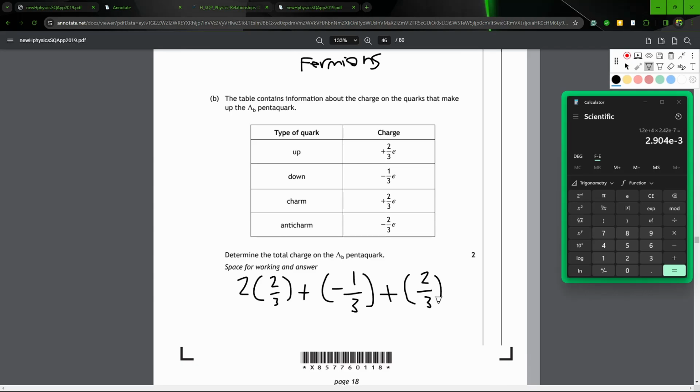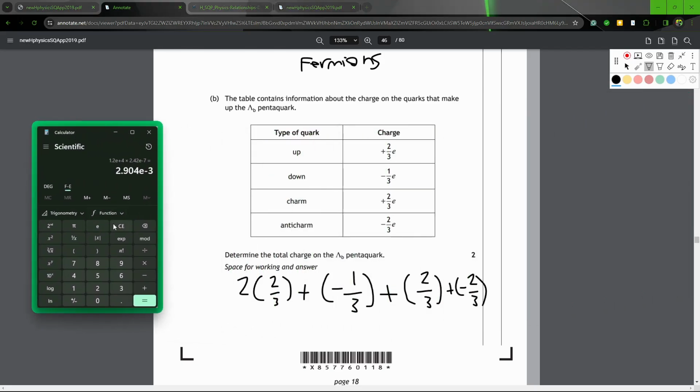That might make the maths easier if you were doing this without a calculator. But I'll go the whole Monty for you folks. Don't say I'm not good to you. So, 2 divided by 3, plus brackets 1 divided by 3, plus 2 divided by 3, minus 2 divided by 3.